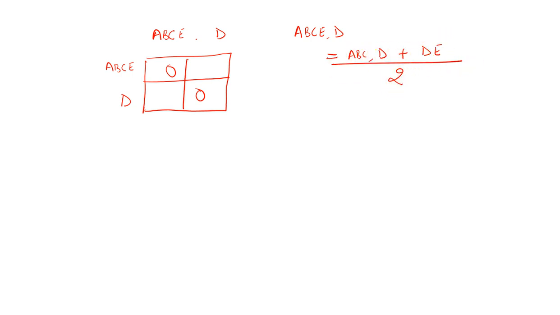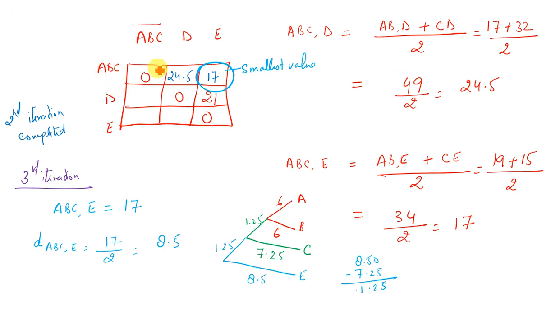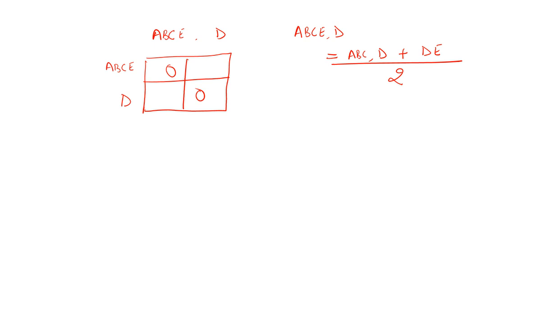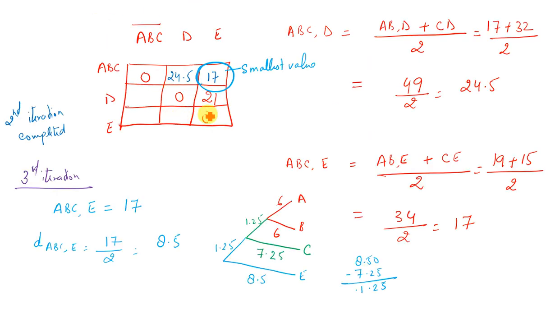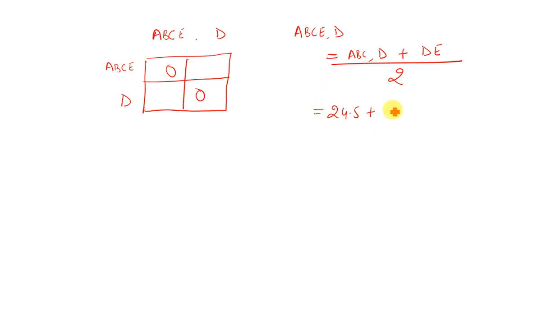Why ABC comma D? Because ABC is already available here, so we can easily calculate D to ABC. So D to ABC is 24.5. So that is equal to 24.5 plus DE, and DE value is 21. See, this is DE. So plus 21 divided by 2.